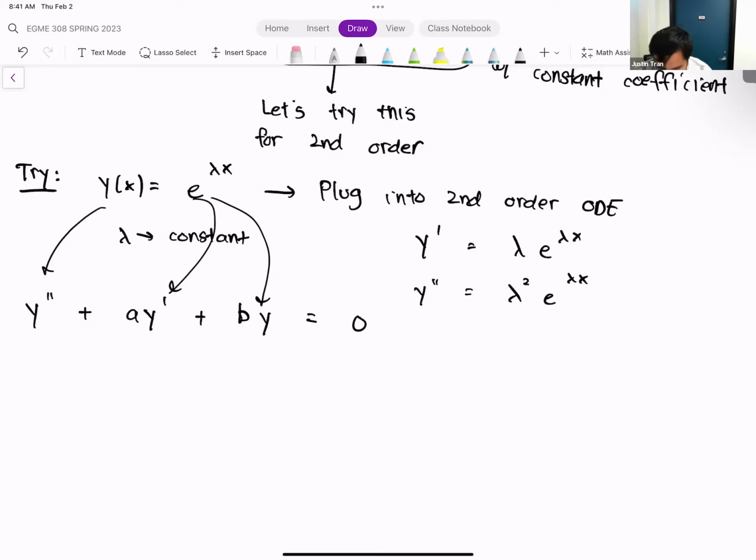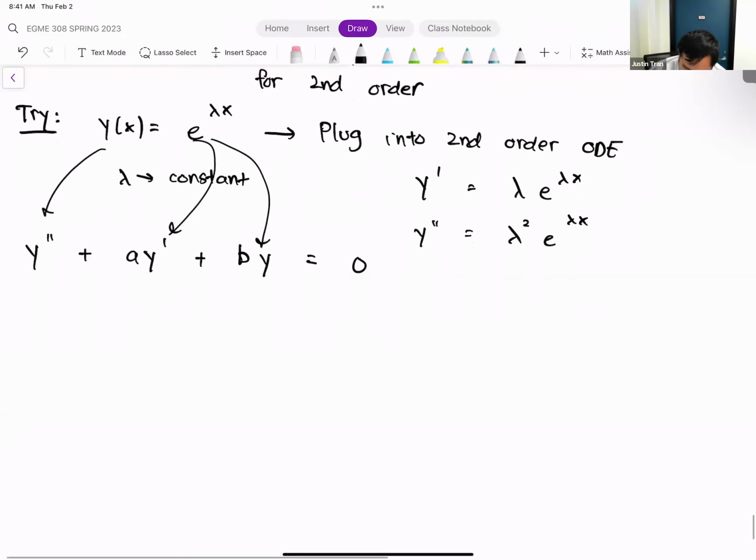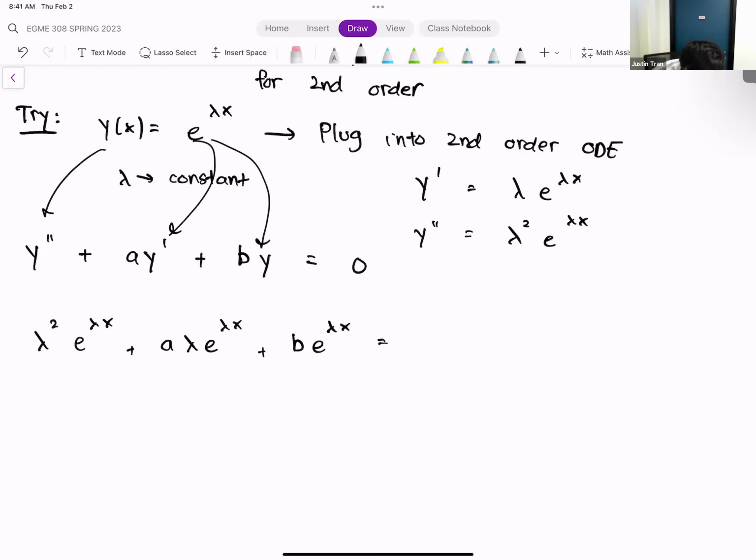All right, so let's go ahead and plug those in. So first we have our y double prime. So y double prime is going to be lambda squared e to the lambda x plus a y prime. So that's going to be a lambda e to the lambda x plus b y, and so b e to the lambda x equal to 0.